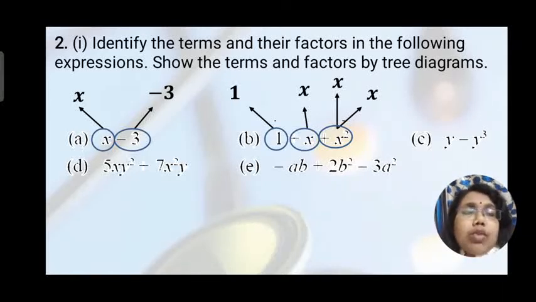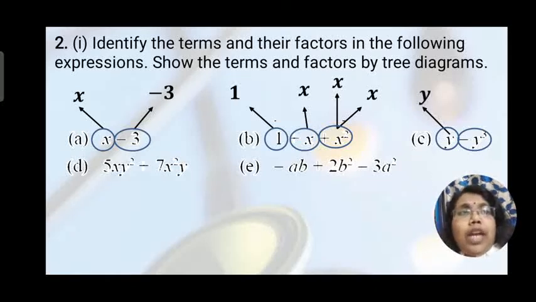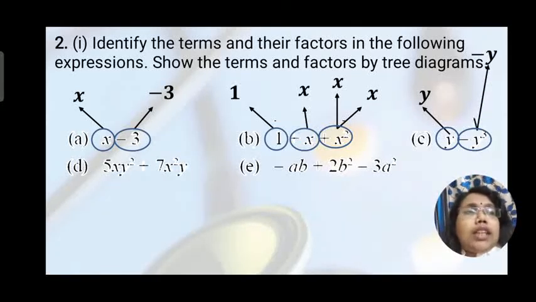Then y minus y cubed. So the terms are y and minus y cubed. Now y alone has only one y, and then minus y cubed has three y's involved because it is cubed. The power given here is 3. Therefore we get 3 y's.